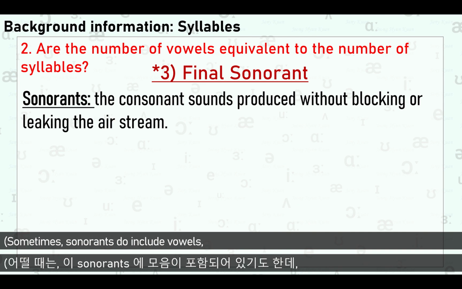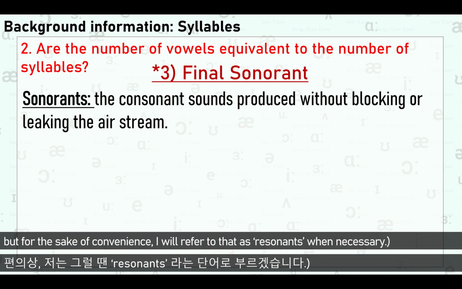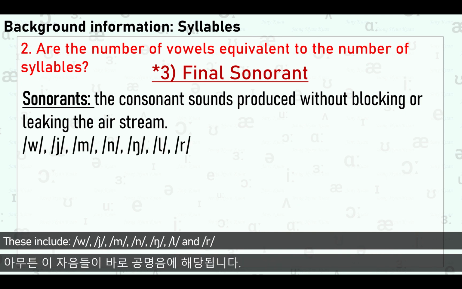Sometimes sonorants do include vowels, but for the sake of convenience, I will refer to that as resonance when necessary. These include w, y, m, l, and r.